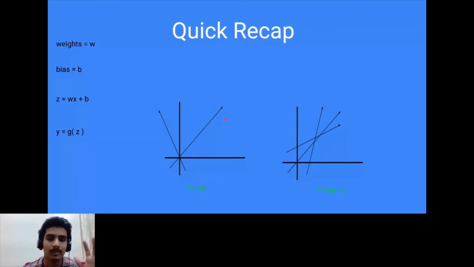I know you must be wondering what an activation function is, but don't worry, all those things will be cleared right now. For now, all we have to remember is that we had some function taking z as an input, and whatever output it gave was the output of a neuron. This is all that we have learned up till now. So that was a quick recap of everything. Now moving on.